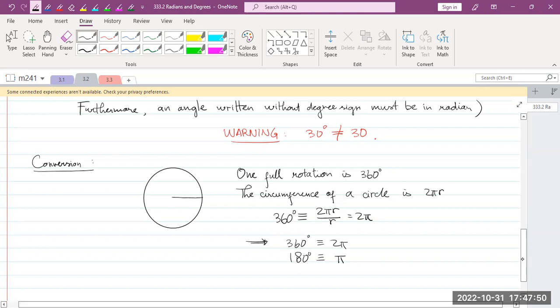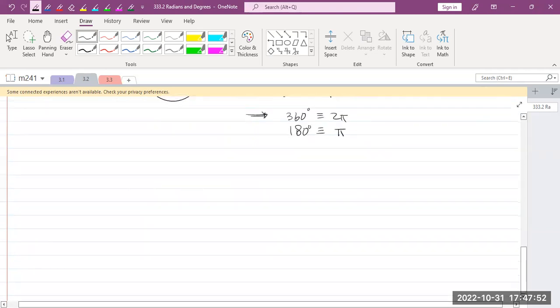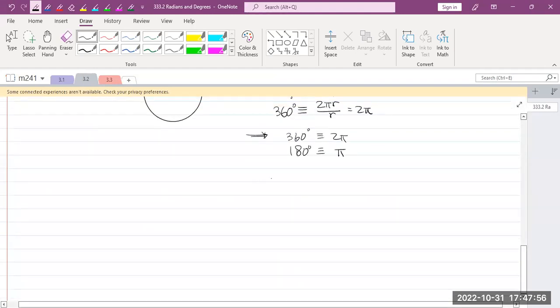Now try to picture this. For our special angles, if 180 degrees, which is a straight angle, is pi, then 90 degrees must be pi over 2. That's half of 180 degrees.